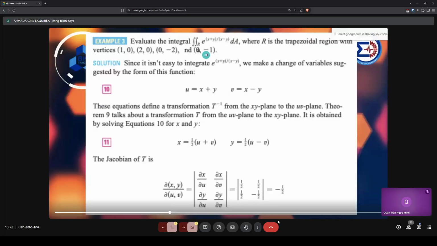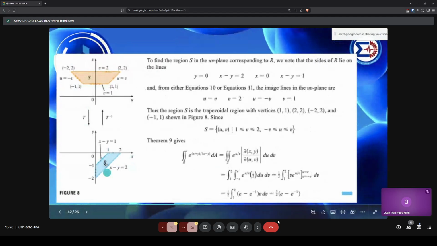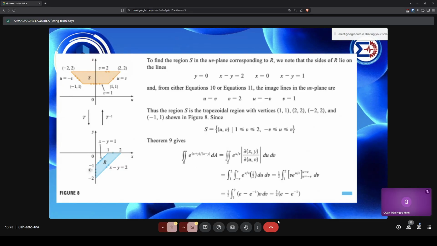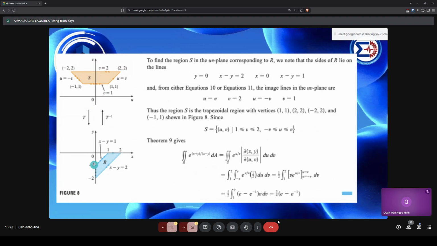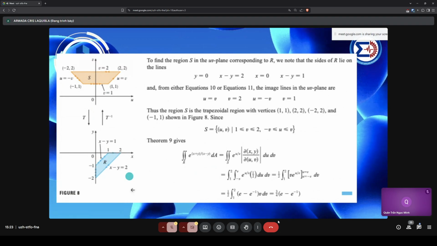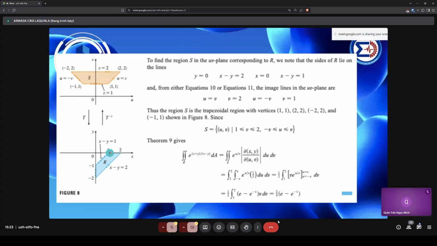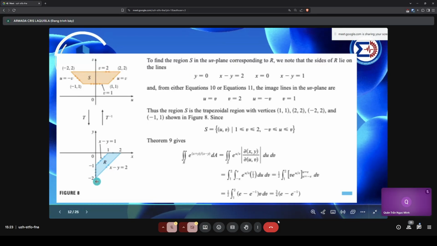If you plot the 4 points there in your R, you can form a trapezoidal region, which is this. The blue one here, that is a trapezoid, if you can imagine it. Here's the upper base, this is the lower base, and these are the sides. So this point here is the 1, 0, 2, 0, 0, -1, and 0, -2.